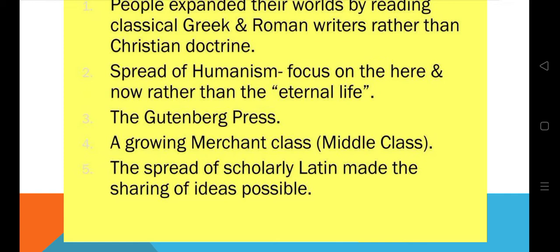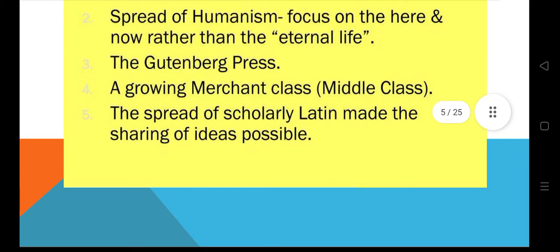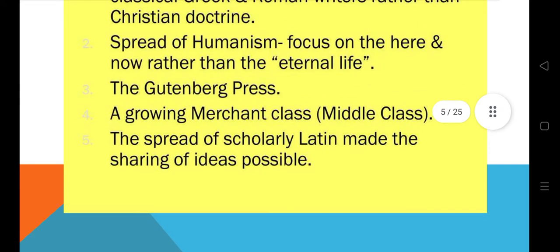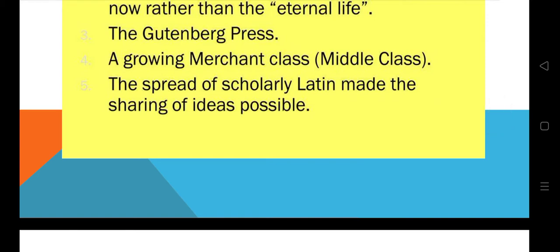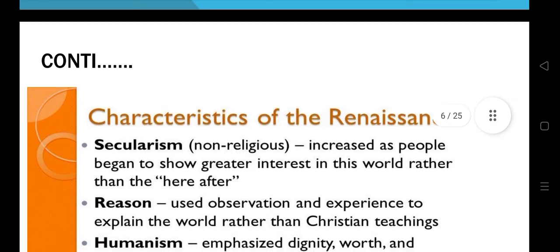Humanism means the spirit of human rather than eternal life. And then the Gutenberg press was there, which flourished by the invention of the printing press. And a growing merchant class, which means the middle class, came to power, and the spread of scholarly Latin made the sharing of ideas possible.